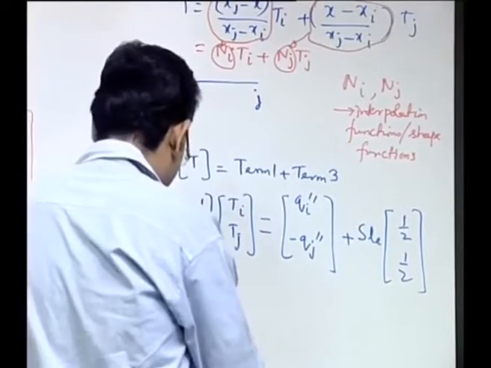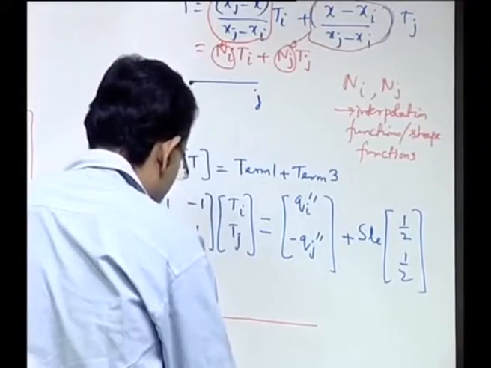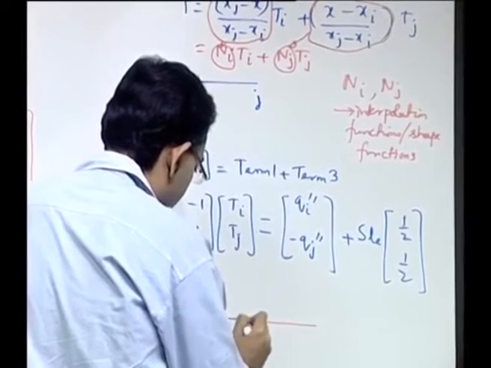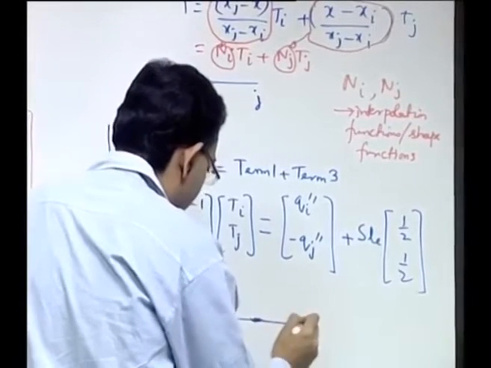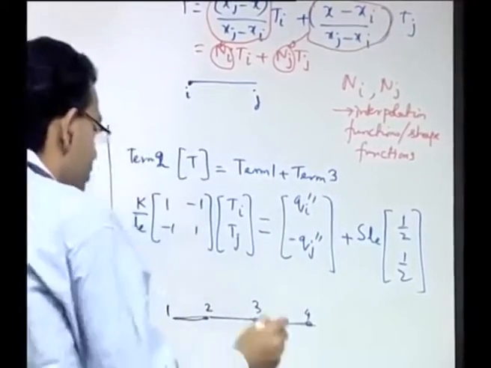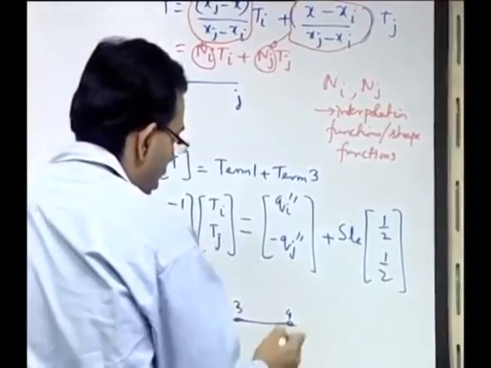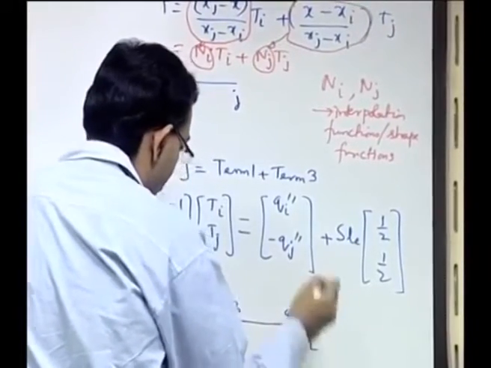So, let us reconstruct that sketch of the elements. You had 3 elements, so nodes 1, 2, 3, 4. This end was insulated and this end is T equal to TL.